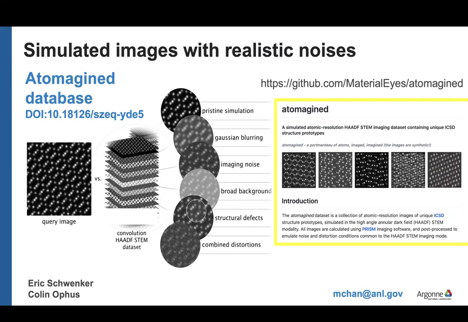The triumph of this moment came. This was a former student, Eric Schwenker, who's doing great now in industry. He was defending his thesis. On his committee was a well-known electron microscopist. He was showing some of these images, and the electron microscopist pointed to one of the images and said, you cannot take this part seriously because of such and such experimental artifacts.